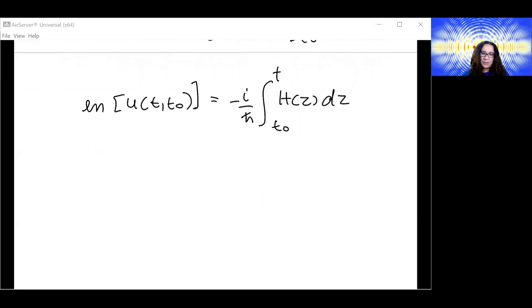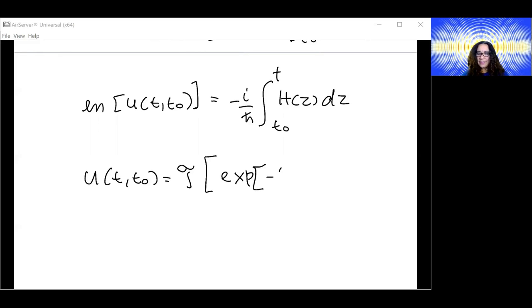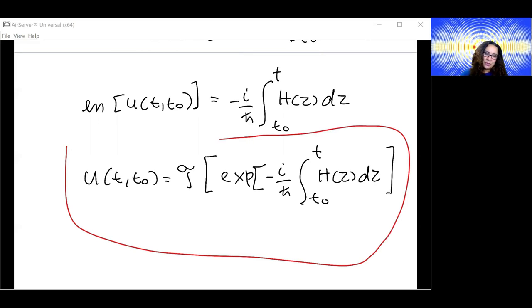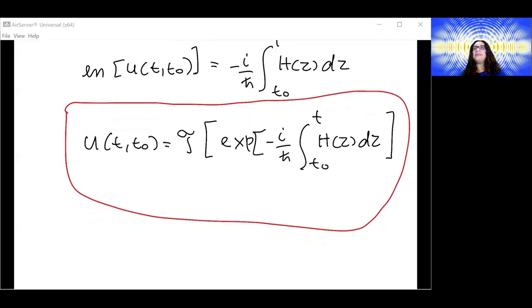But for the moment, what matters to us is that you have U(t, t0) equals T, which indicates the time ordering, exponential of minus i divided by h bar, the integral from t0 to t of H(tau) d tau. So we have an expression for the time evolution operator, which a lot of you will find maybe in your research projects or in scientific papers, and this can be quite useful.